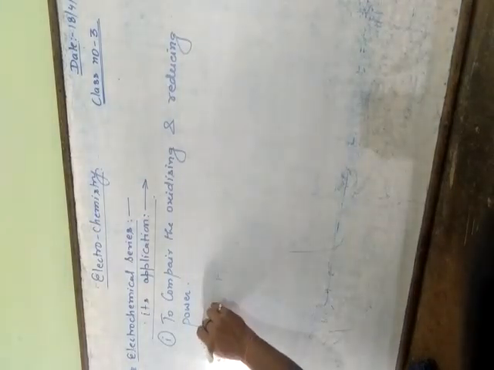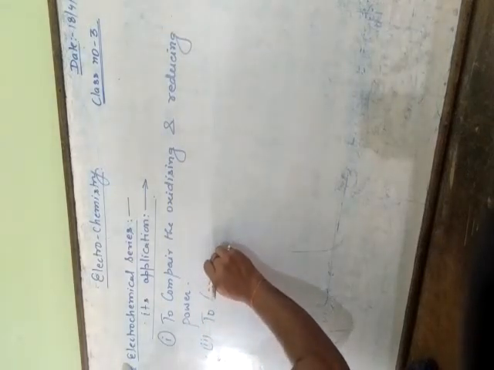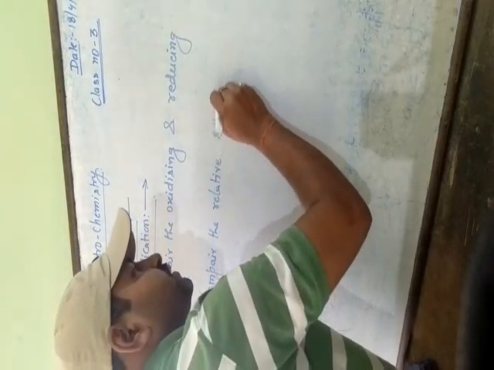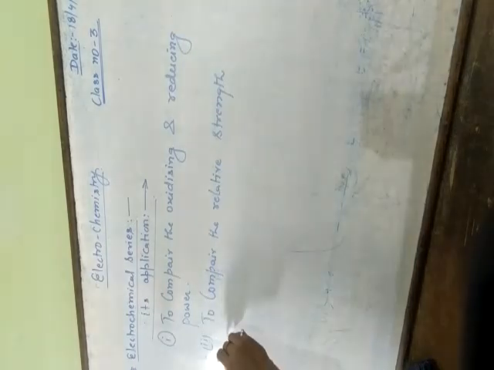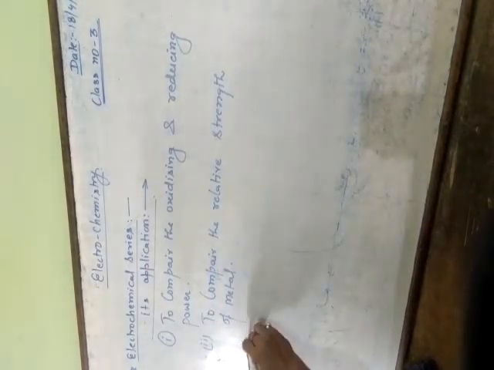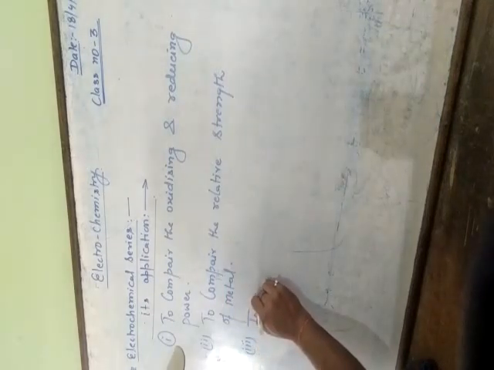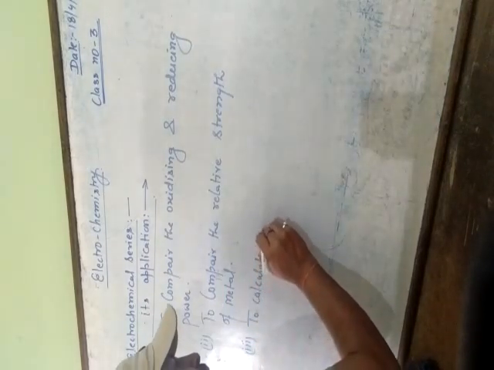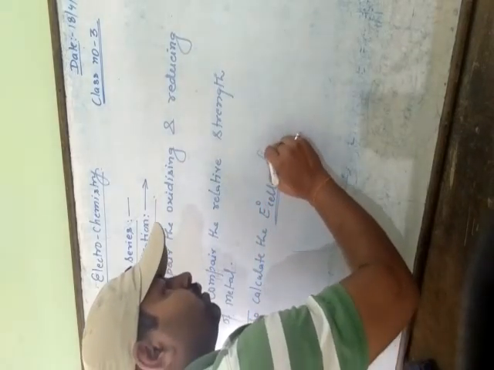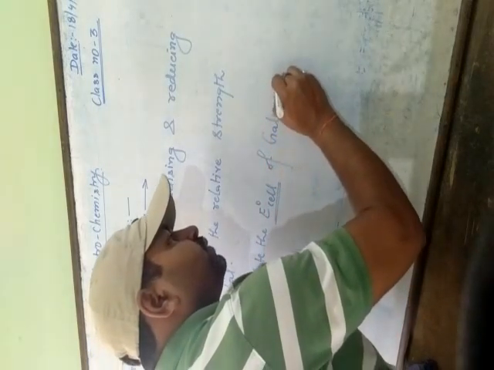The second is to compare the relative strength of metals. The third, students, is to calculate the cell potential, the EMF of a galvanic cell.